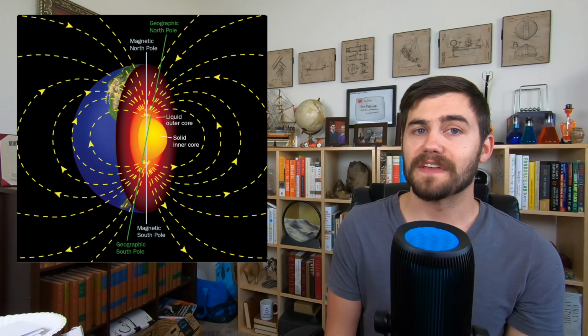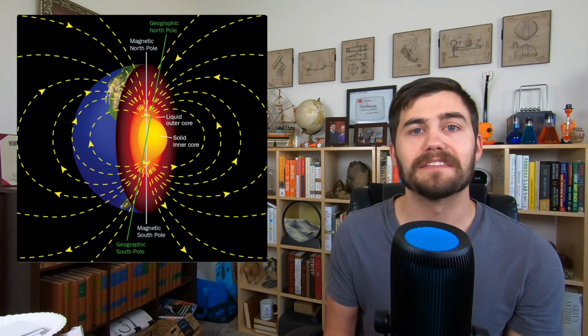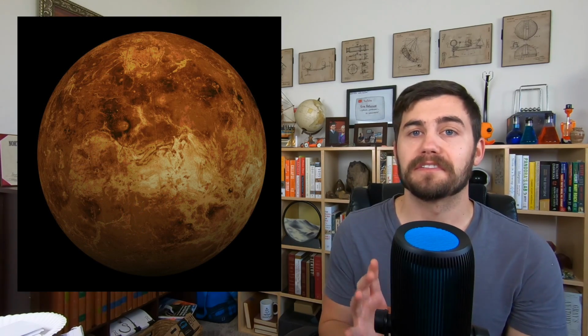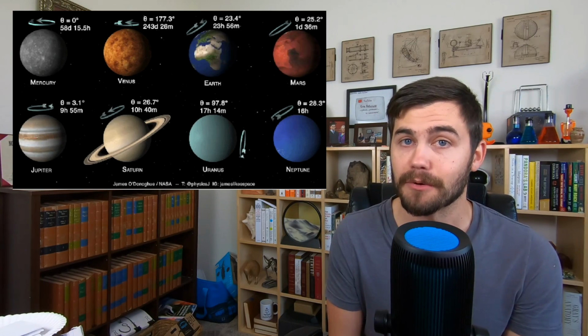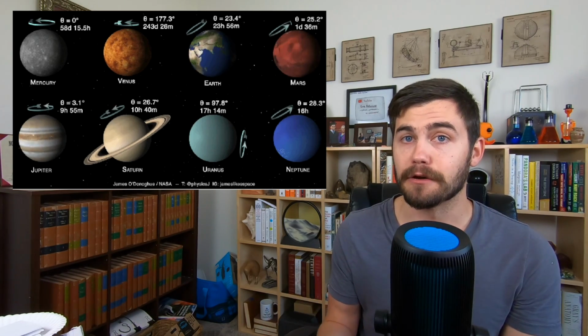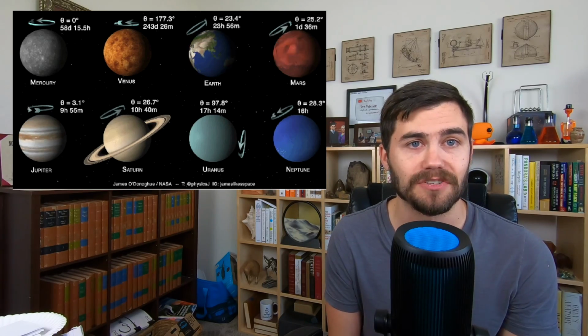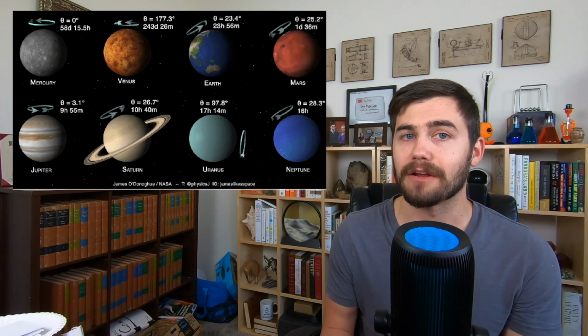Some of the convection that occurs inside the core is important too, but the planet's rotation itself is key. Venus, which is nearly the same size as Earth and almost certainly has a core like Earth's, doesn't have a magnetic field because it spins 243 times slower than Earth. Much like a slow-turning generator doesn't produce much electricity, a slowly rotating core doesn't produce much of a magnetic field.